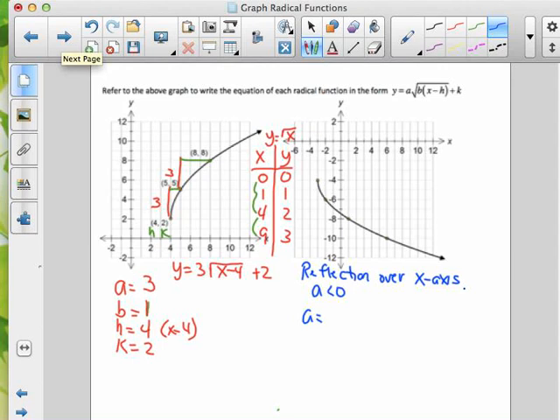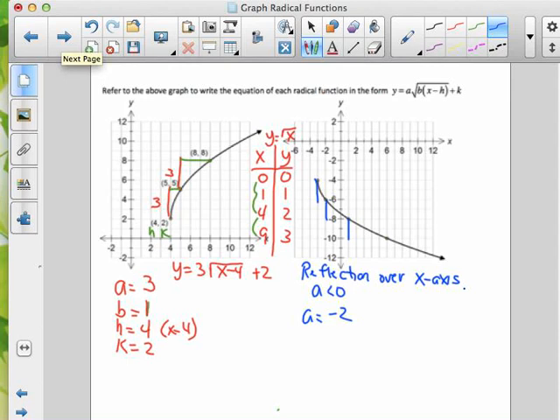I should go up by 1 each time, and instead I'm going up by 2. From -4 to -6, from -6 to -8, from -8 to -10. So notice that we're decreasing by 2 each time. We're reflected over the x-axis, so A is -2.